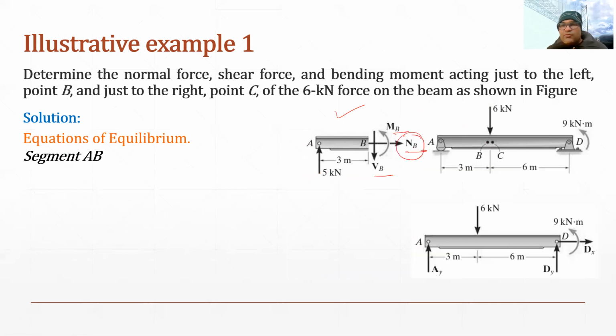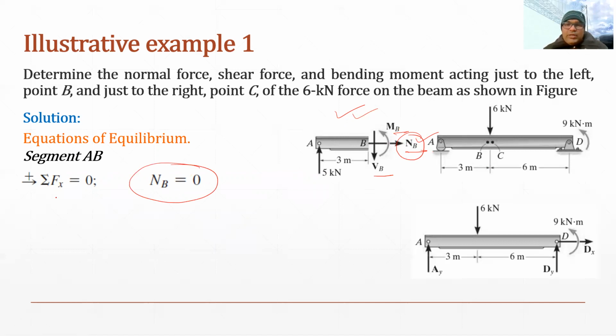To calculate the value of NB, we will apply the first equation of equilibrium, which is summation of Fx equals to 0. As you can see, there is only one force NB existing in this free body diagram. Therefore NB will be equal to 0. There is no other horizontal force.